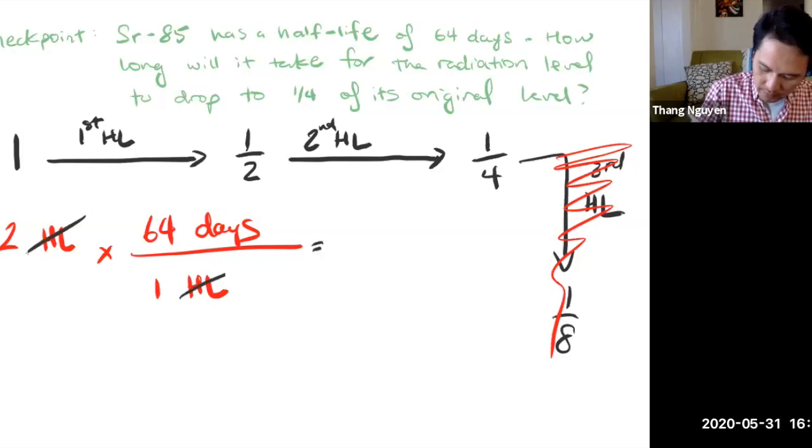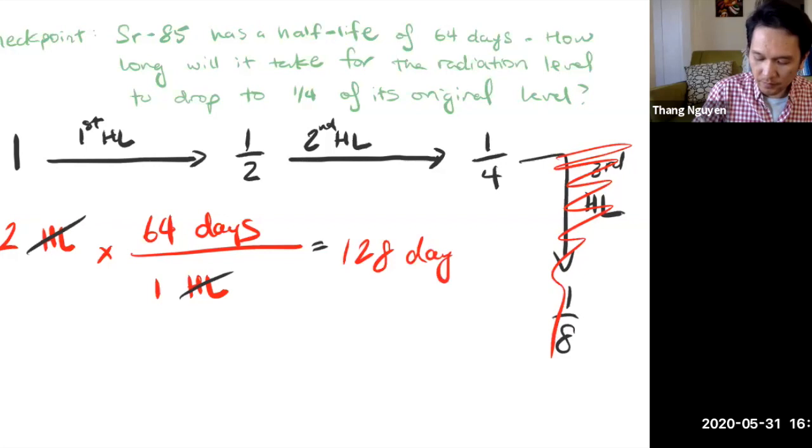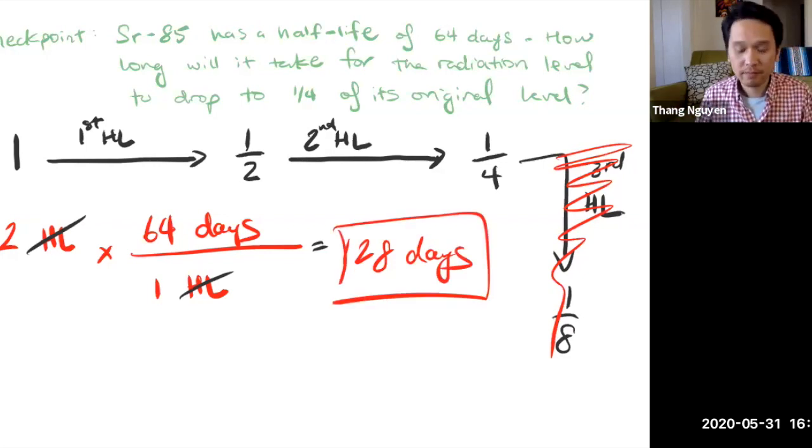So that simply means we just do 2 times 64 equals 128 days. Simple as that. 128 days.